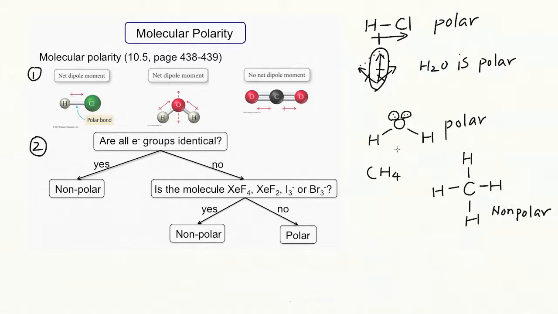One more example. Let me label it: this is example 1, and this is example 2. How about the carbon molecule we did in the previous slides? We know the Lewis structure would be something like this.